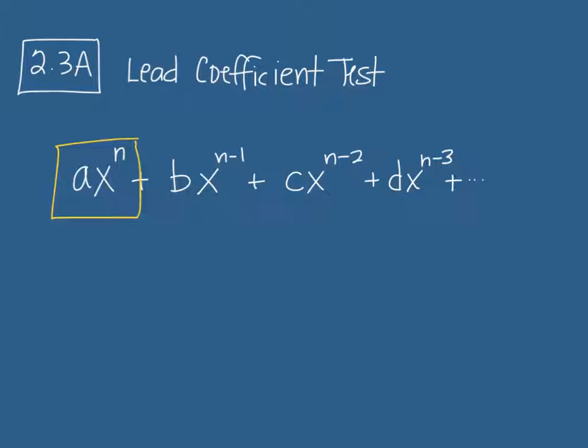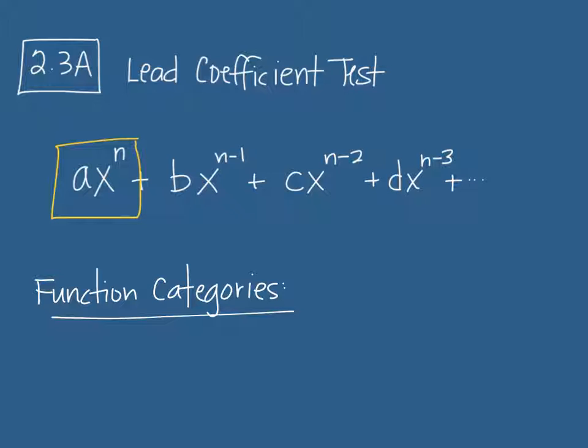So there are different categories. The different categories we've talked about before are quadratic, which is aka parabola.